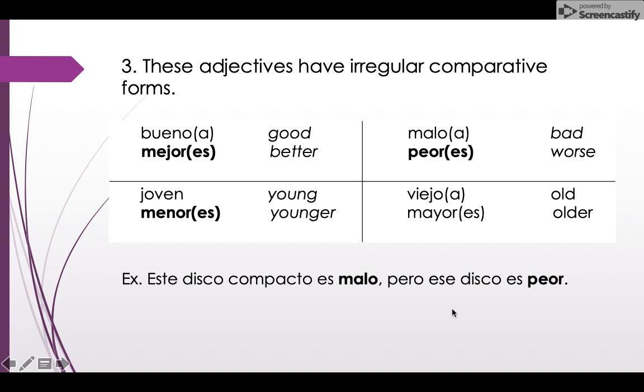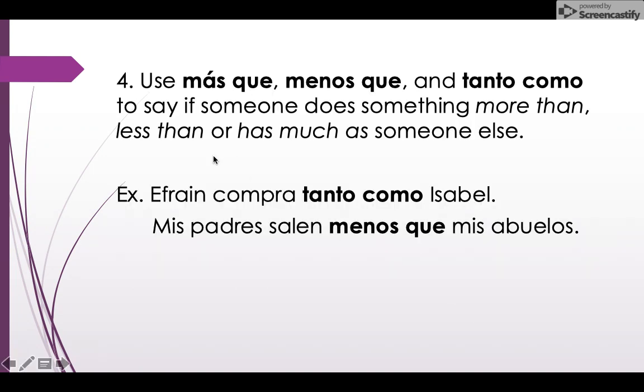All right, let's take a look at the next thing. Number 4, promise we're almost done. Use más que, menos que, and tanto como to say if someone does something more than, less than, or as much as someone else. So here's an example. Efran compra tanto como Isabela. Ephraim buys as much as Isabel.